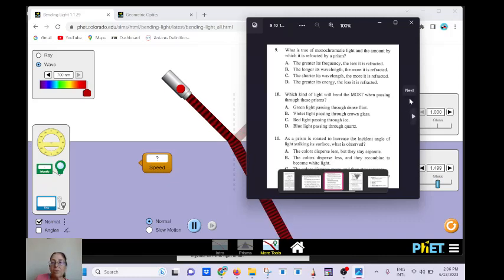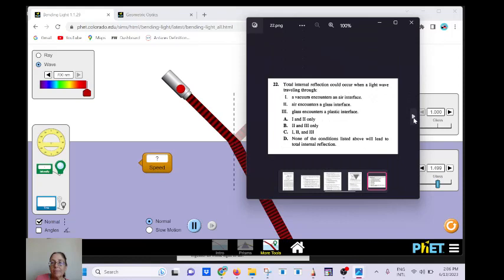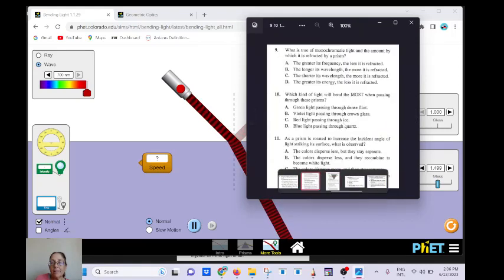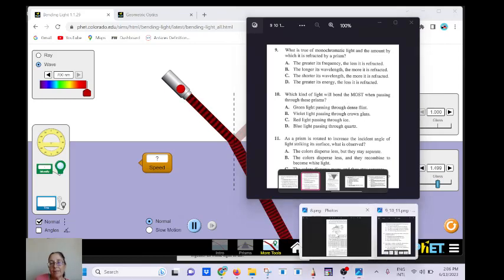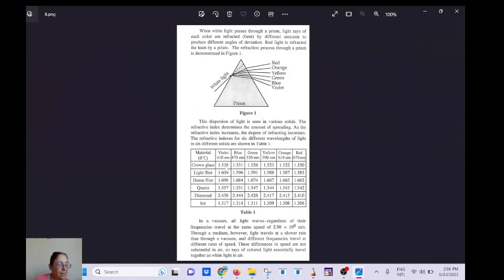And here, what's the question? They're asking you which light will be the most refracted. Green through dense flint, violet. So what you are supposed to do is to use that table here, and you are looking for the answer.